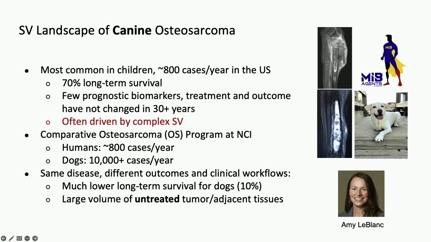It's the same disease, but there are important differences as well. In dogs, unfortunately, the long-term survival is lower. But on the other hand, the treatment is pretty different. We have access to large volumes of untreated tumor and adjacent normal tissues, before therapy. So we are actually able to study the natural evolution of these tumors.